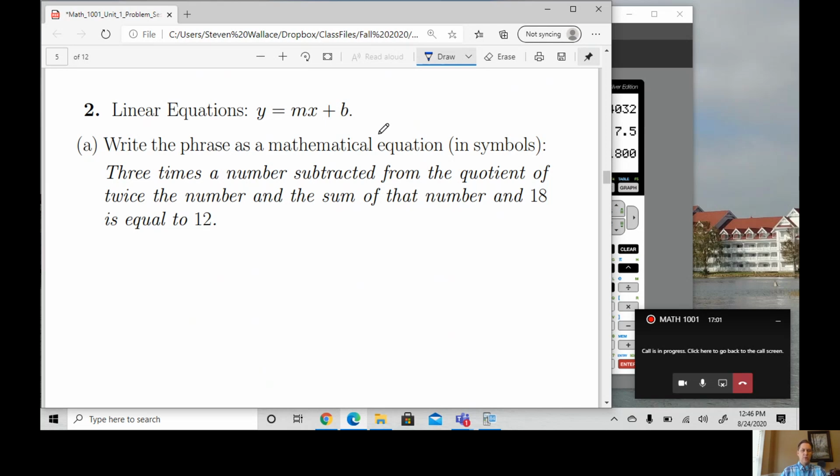Subtracted from the quotient of twice the number and the sum of that number and 18 is equal to 12. Okay, so quotient means division, and subtracted from means we do that first. So quotient of twice the number and the sum of that number and 18 looks like that. We take away from that 3 times the number, it should equal 12.